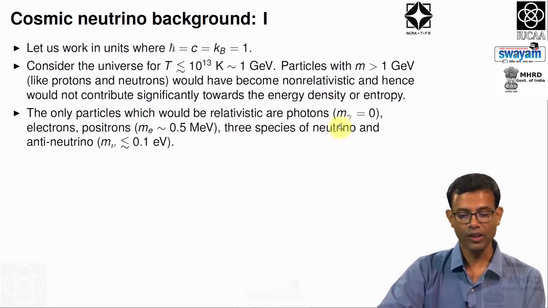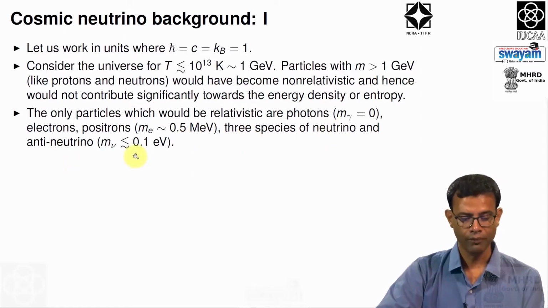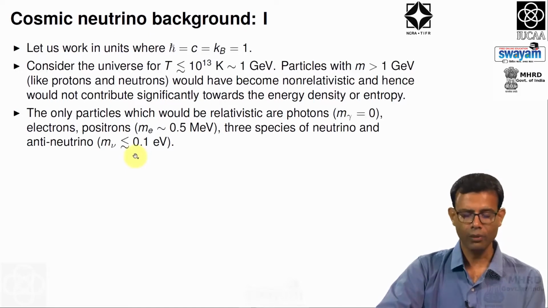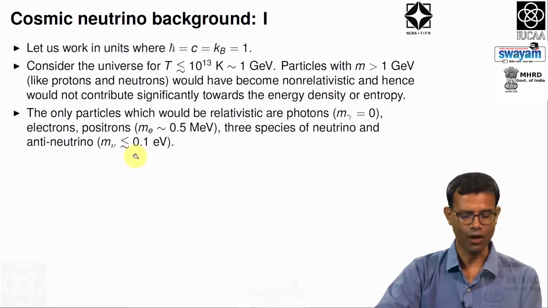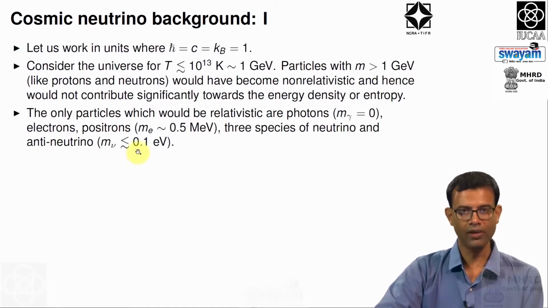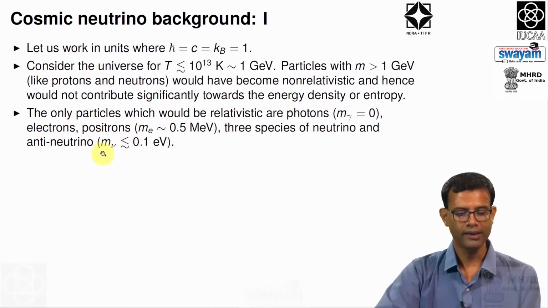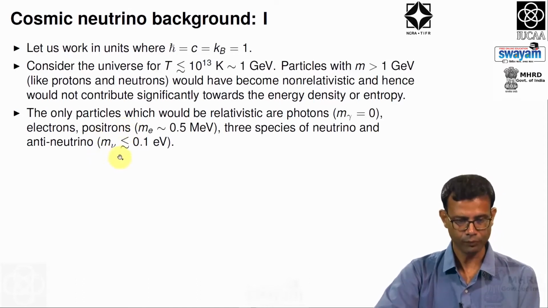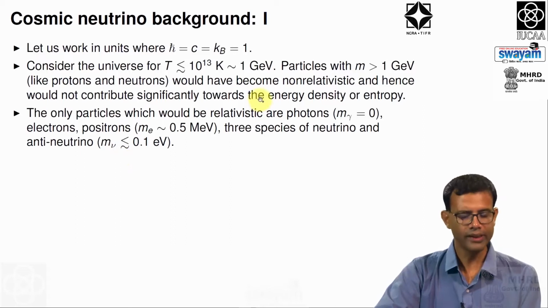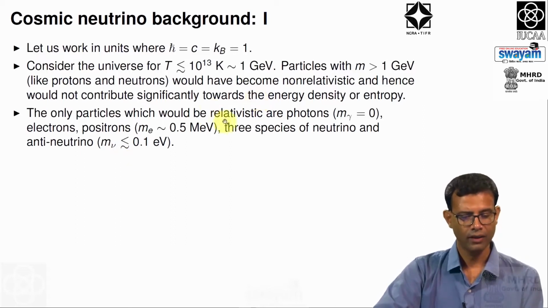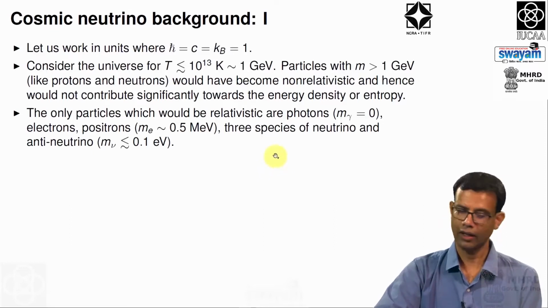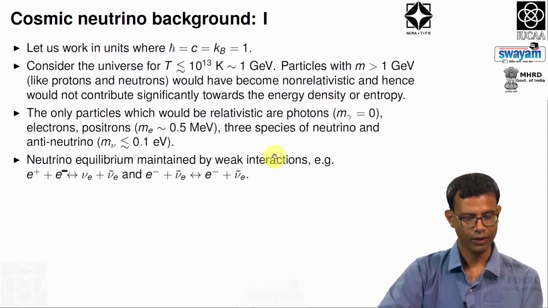And the 3 species of neutrino and antineutrino, again you can take them to be massless. They are believed to have mass now, but even if they have masses, they would be sub eV scales. So, when the temperatures are of the order of GeV, these neutrinos and antineutrinos will also be ultra relativistic.